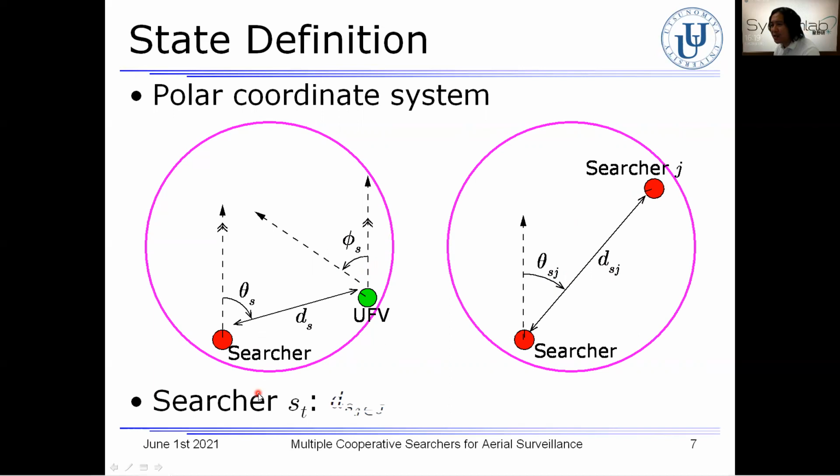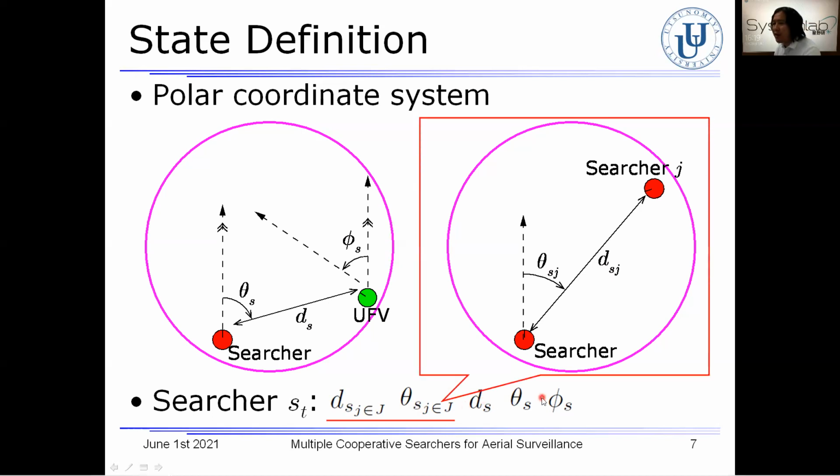So S_t, the searcher state at time t in an episode, is defined by the combination of D and theta in addition to d_s, theta_s, and phi_s. Therefore, it is expected that the searchers can learn the approaching actions, taking the moving direction of the UFV and the cooperative relations with other searchers into account.